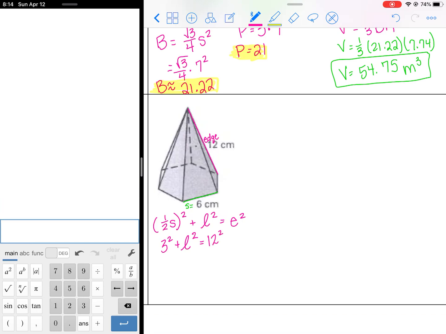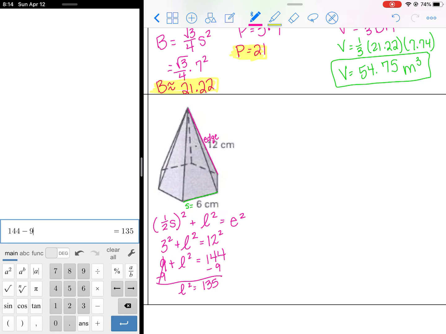So as I go down through here, 3 squared is 9. So 9 plus L squared, 12 squared is 144. So now I have 9 plus L squared equals 144. I'm going to subtract 9 from both sides. So I do 144 minus 9, and I get 135.